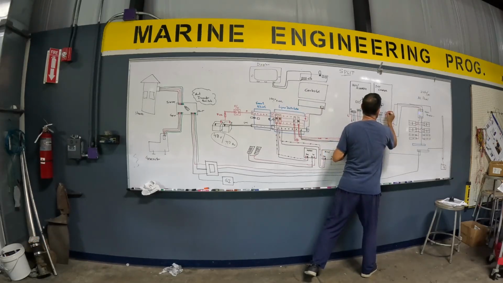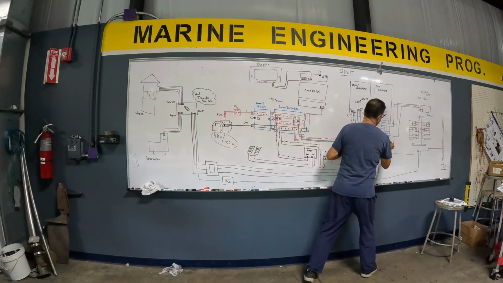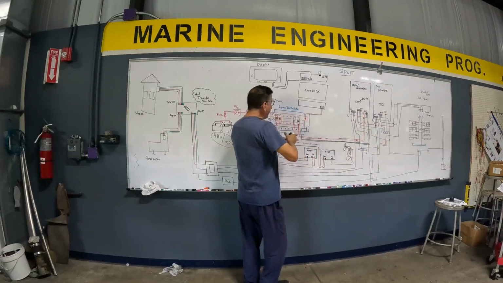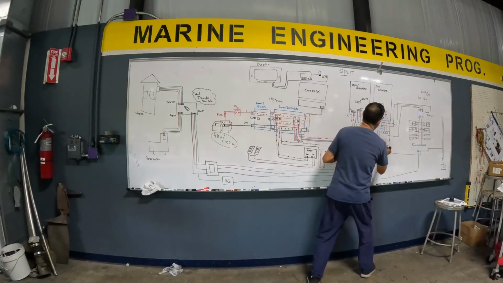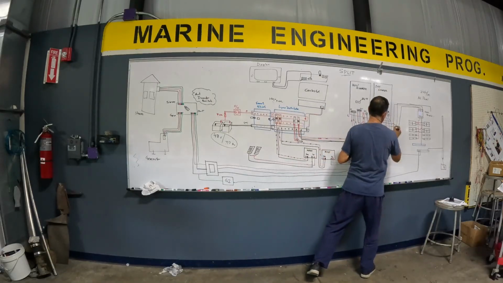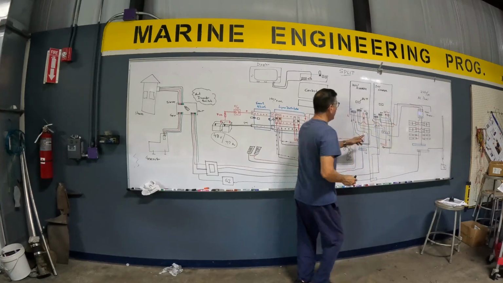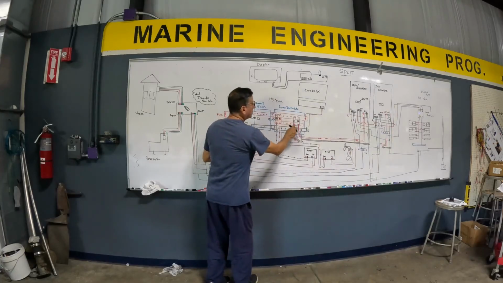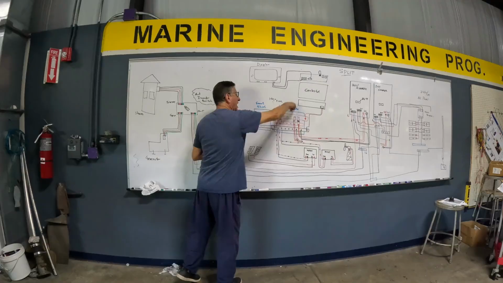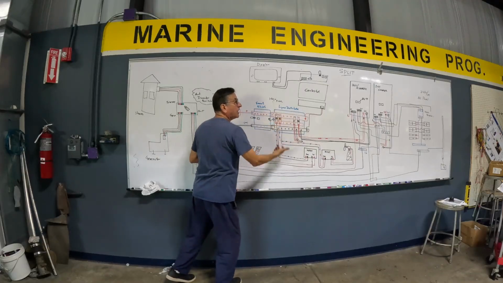Everybody follow me, guys? Yep. That one is here, and another big negative coming here for the other negative terminal. Everybody follow me, guys? One negative with both mega fuses. Those mega fuses control outputs, and those mega fuses control inputs.